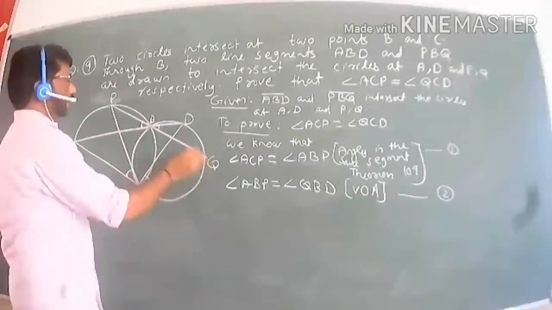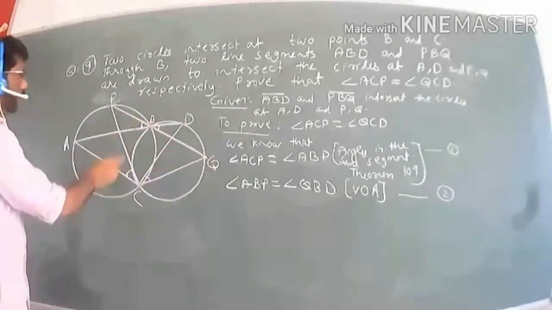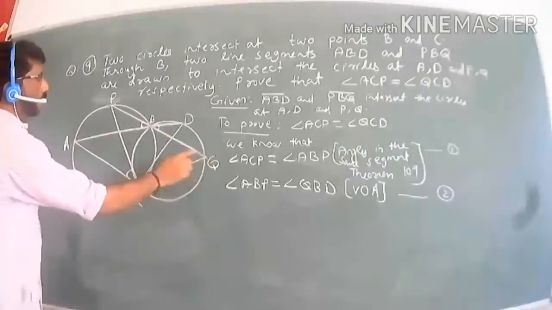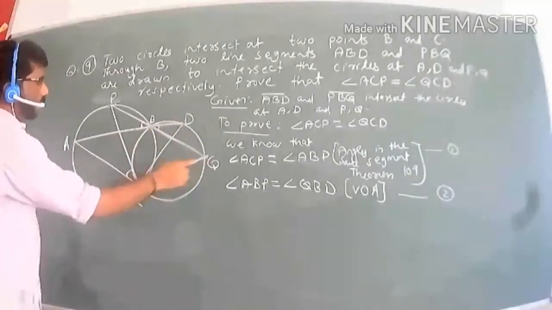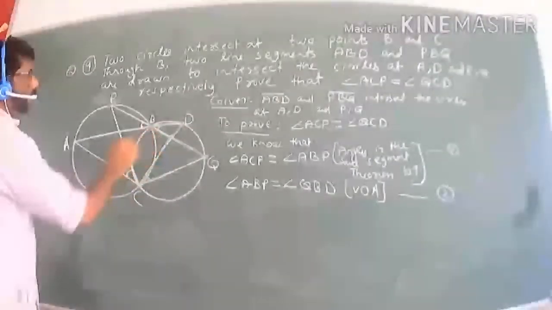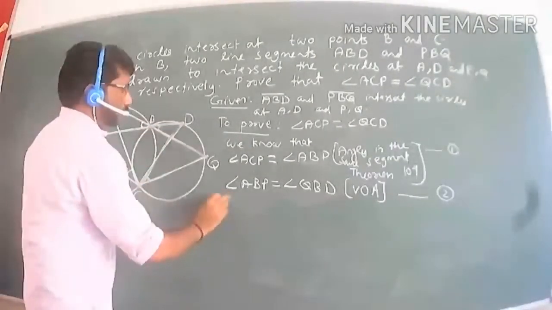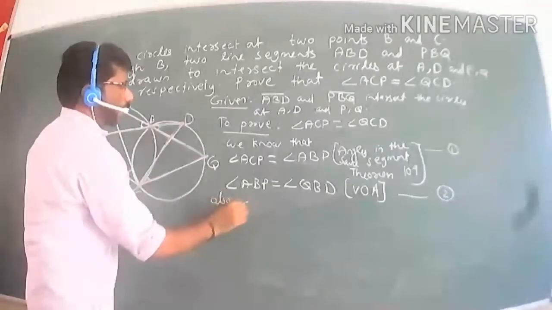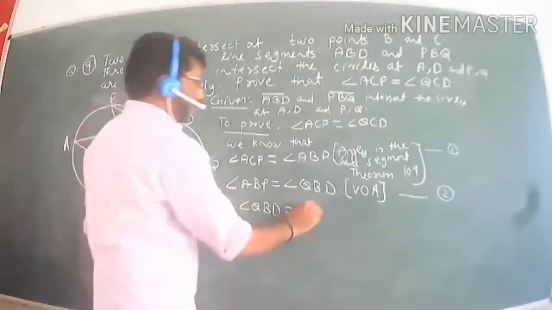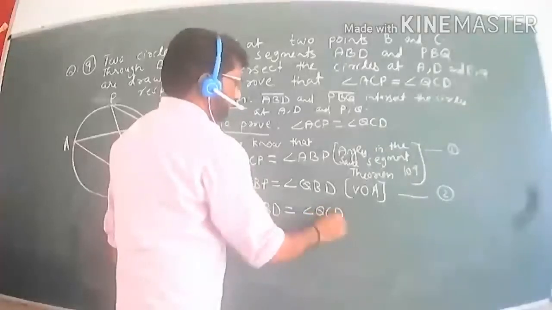Now you see here also, these two angles are equal because they are angles in the same segment. Angle QBD and angle QCD are also angles in the same segment. So angle QBD is equal to angle QCD.